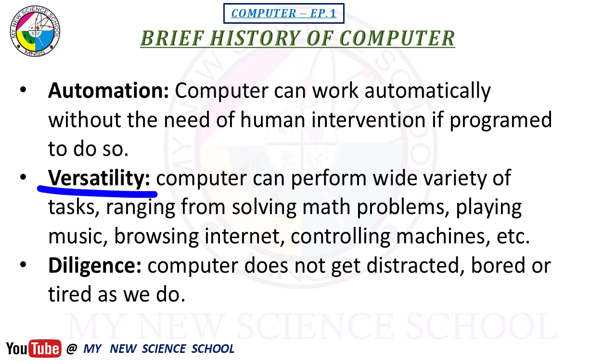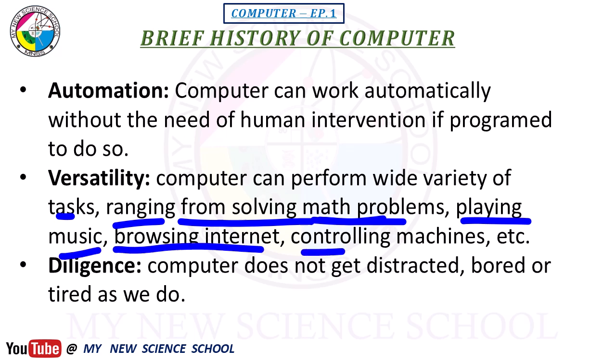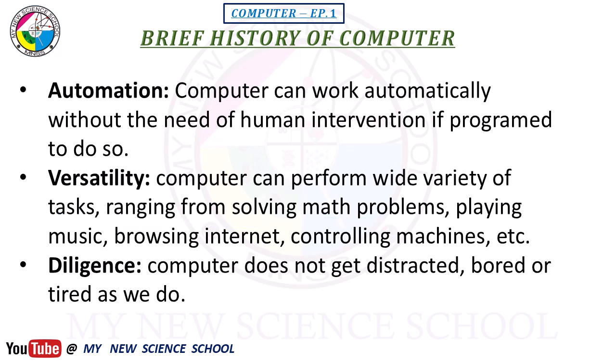Then we have versatility. Versatility means computer can perform a wide variety of tasks ranging from solving maths problems, playing music, browsing internet, controlling machine. What this means is that computer does not only perform a single task.